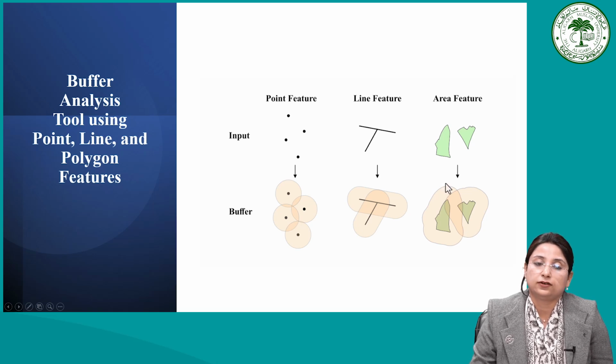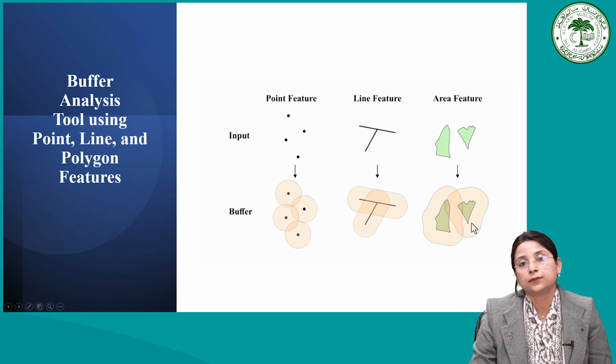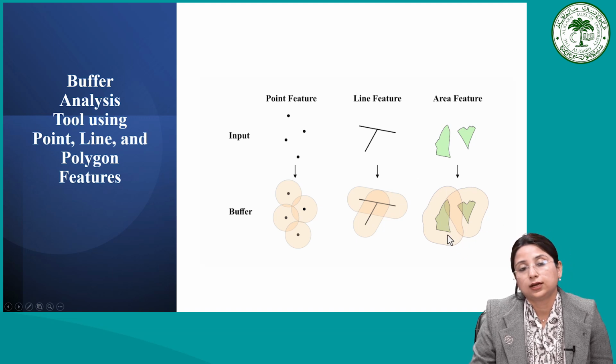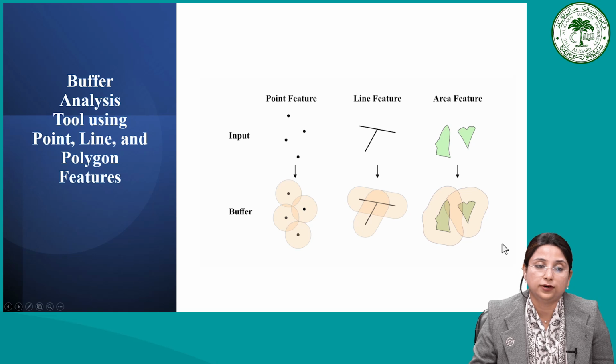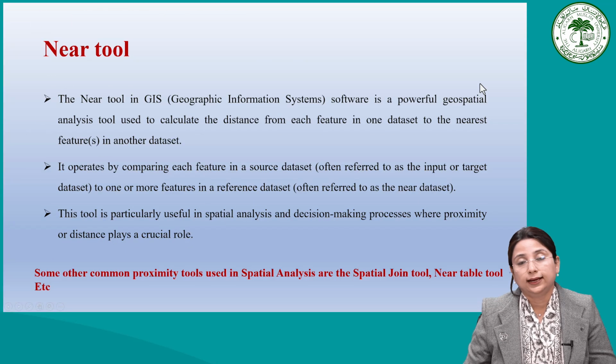Similarly, for the area feature, you can see on the screen the buffer drawn, and again there is overlapping. This overlapped area will be dissolved and only the outer boundary will be retained. So we can draw several buffers for the point feature, line, and area.